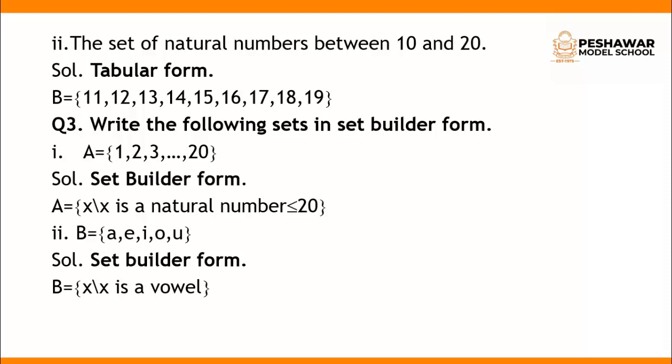Now our question is written in tabular form. Number 1, A is equal to 1, 2, 3 up to 20. These are the first 20 natural numbers. How can we convert it into set builder form? We have to use a general element x. You give the heading set builder form: A is equal to x such that x.